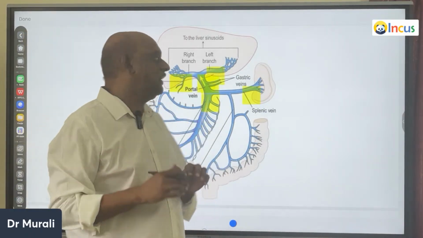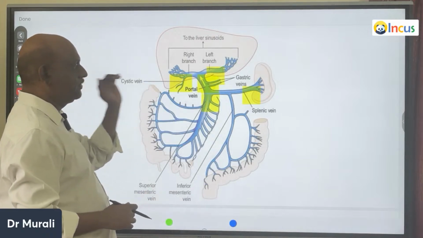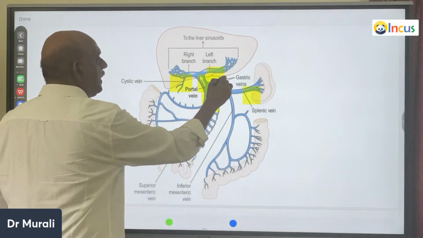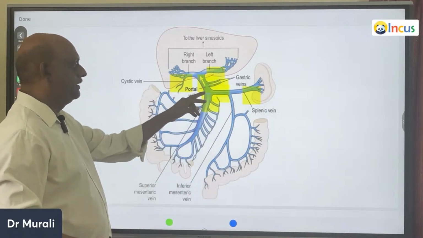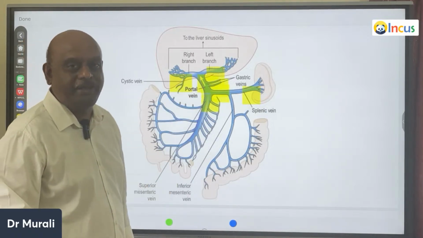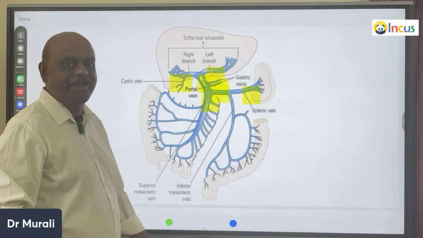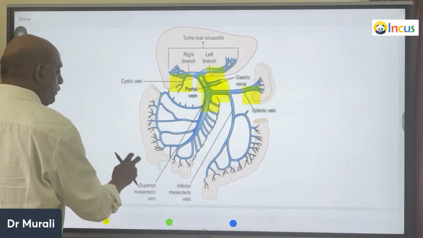So the superior mesenteric vein, the splenic vein, and there are two gastric veins which you need to remember, which merge to form the portal vein, is what you have to basically remember.